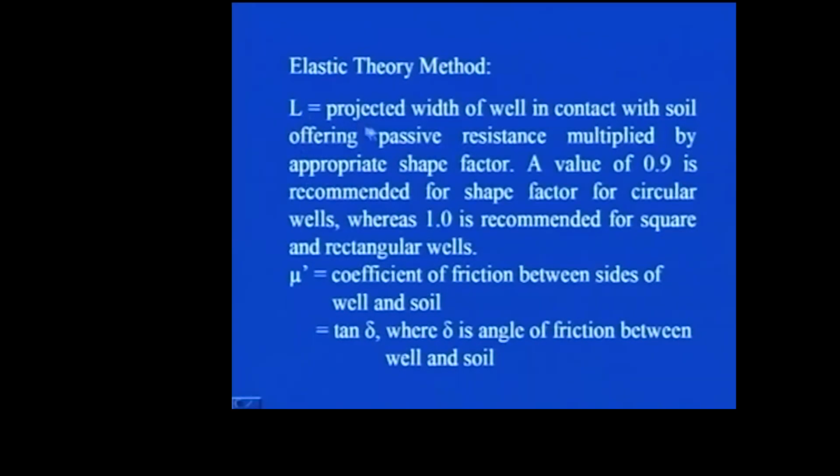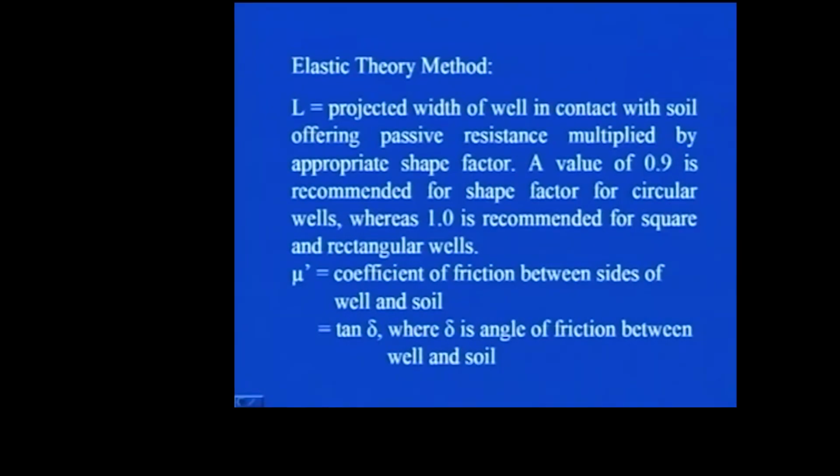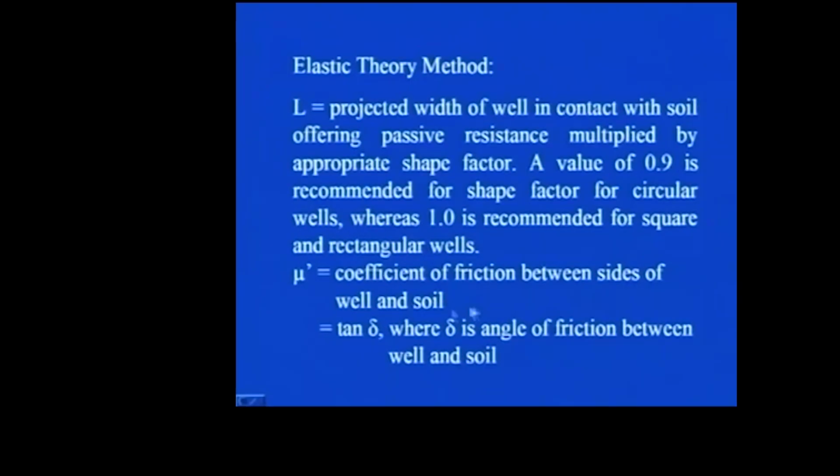L is the projected width of well in contact with soil offering passive resistance multiplied by an appropriate shape factor, and the value of 0.9 has been recommended by IRC as the shape factor for circular well. However, for square or rectangular well, this can be taken as 1. Mu prime is the coefficient of friction between sides of well and soil, which is equal to tan delta, where delta is the angle of friction between the well and soil.